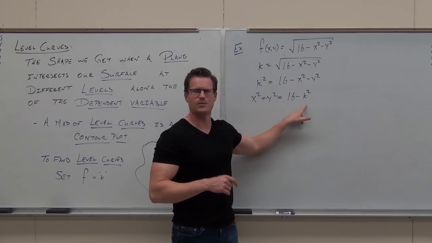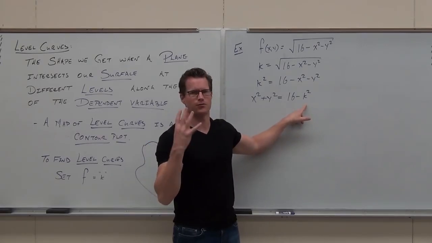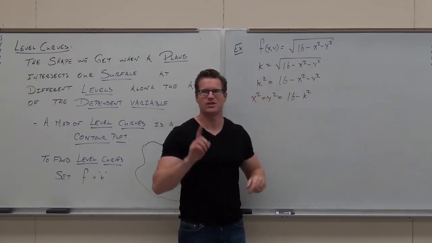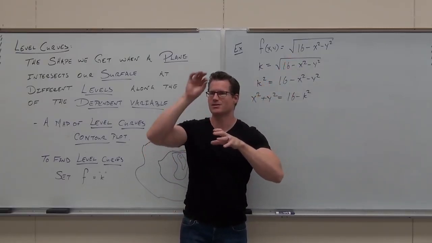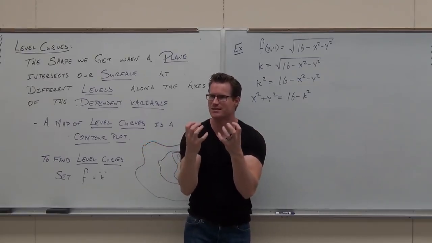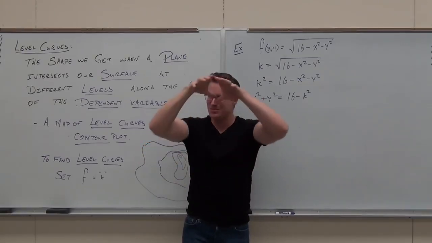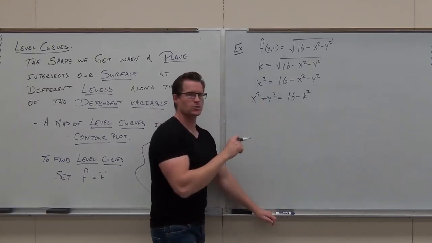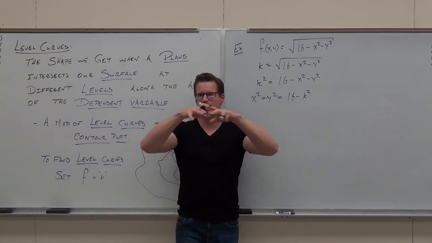What's the highest I could go, by the way? 4. Because if I went to 4, it's shifted up 4. It's got a z-intercept of 4. That's the top of our ellipsoid right there. It should be making sense. It should be cohesive to you. Is it cohesive? Do you guys see it? You picture it? It's kind of cool, man. So what these things are is circles that are getting smaller as we're climbing higher.